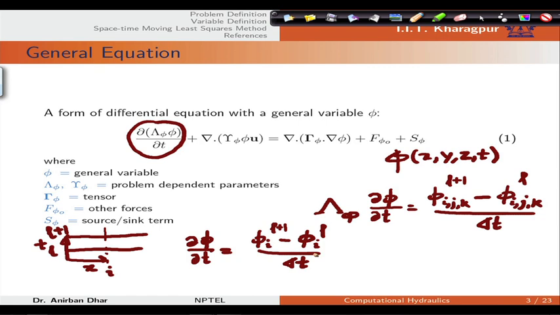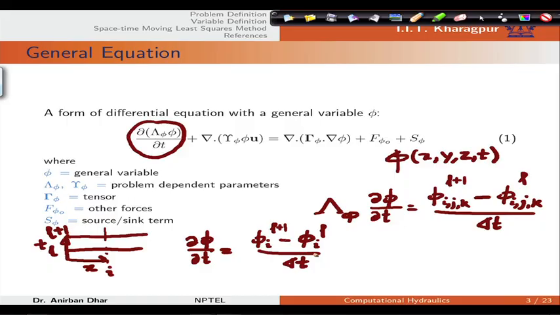Even when the number of dimensions increases, we are considering 2 points, one at the future time level L plus 1 and another at the present time level L.